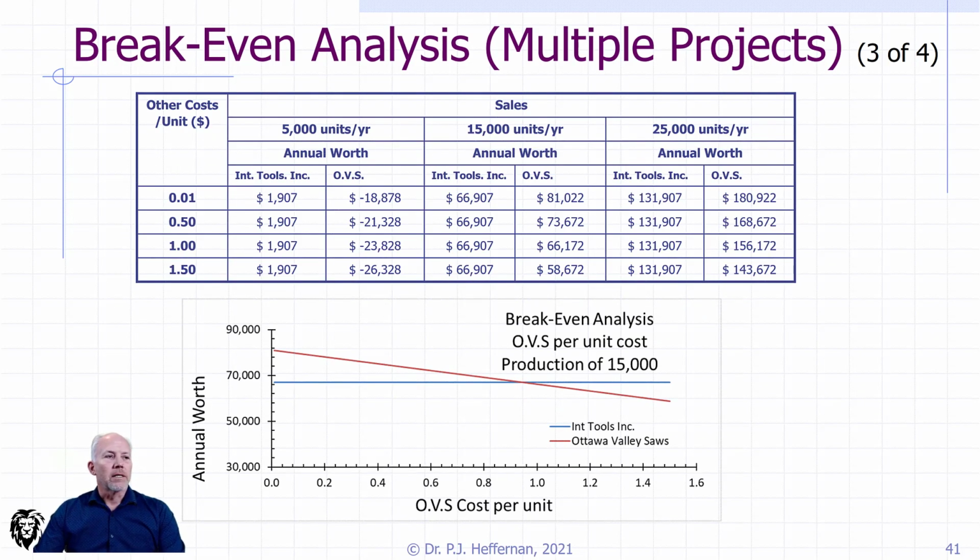So the other thing that we wanted to do is look at how things would change if that estimate of the per unit cost for Ottawa Valley Saws was perhaps optimistic.